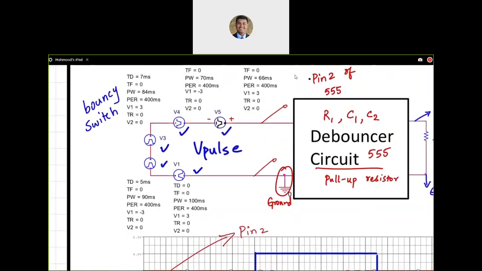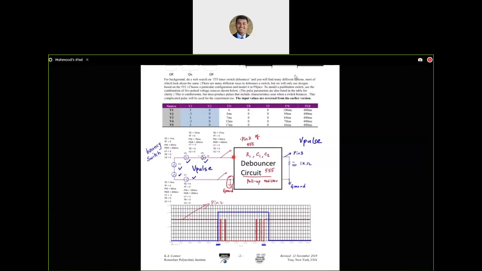So how do I connect that to pin 2? Well, I'll have 5 sources over here, and I will take the top of all these sources and I will go into pin 2 of my debouncer circuit. And this of course is connected to ground, so that's okay. That's independent. So how do I go into pin 2 from there?